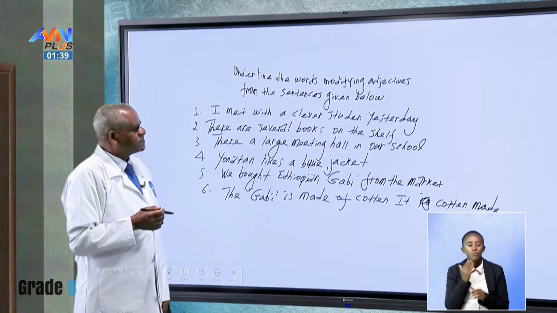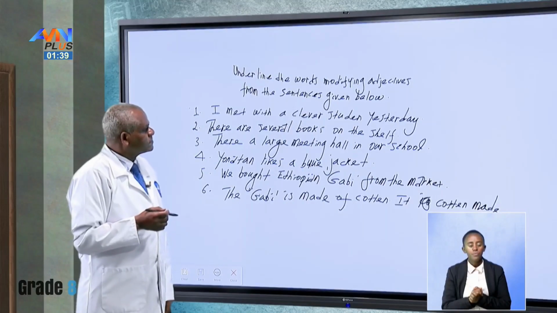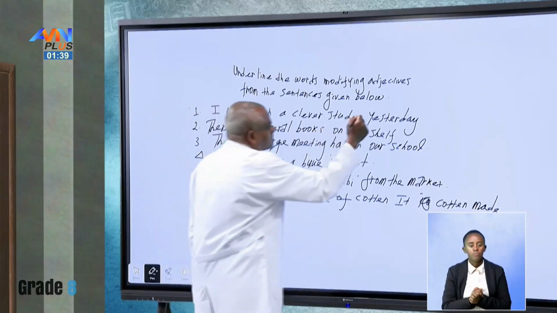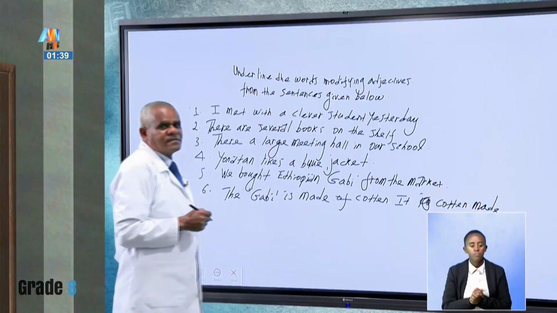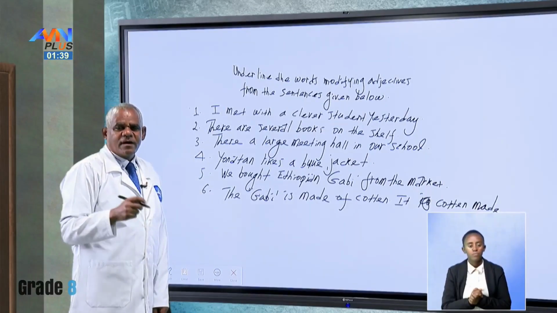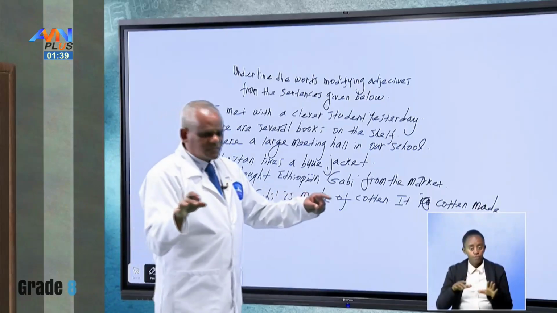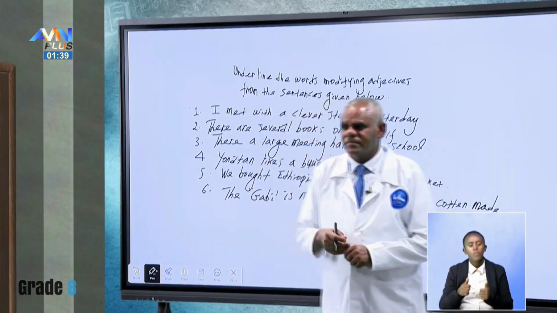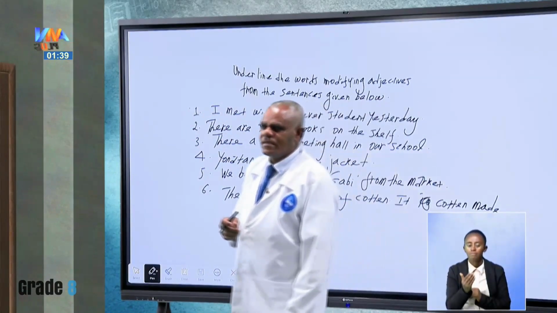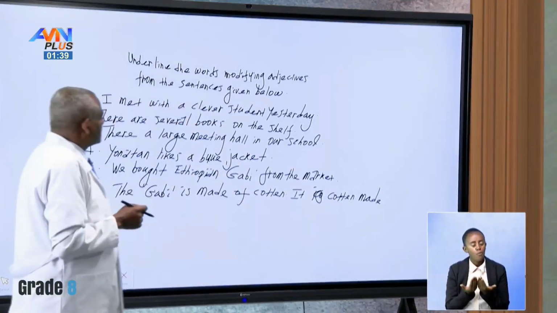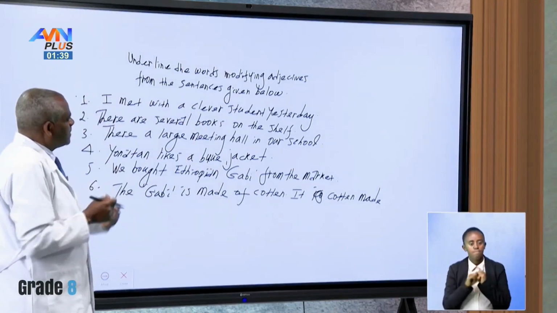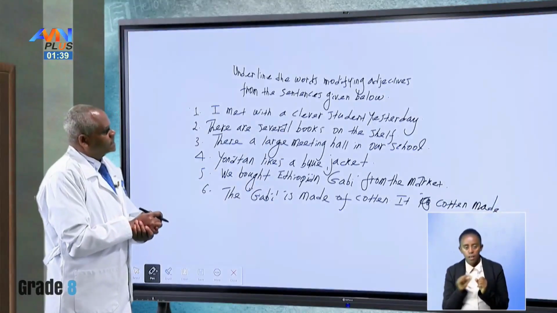Good. Yeah, that's good. That's an interesting one. Yeah, are you going to underline it? Share with each other? Very good. Now, let's go and see how these sentences are formed, and let's go and underline the adjectives.